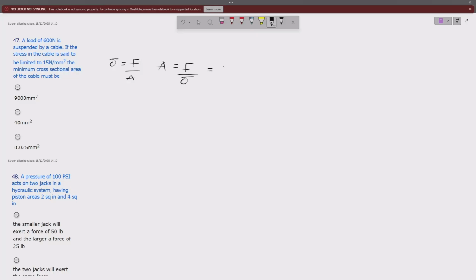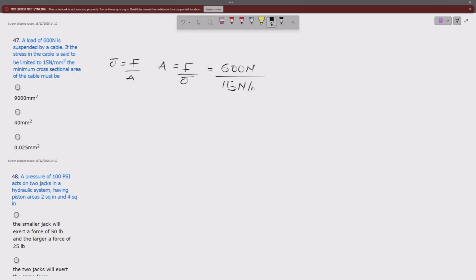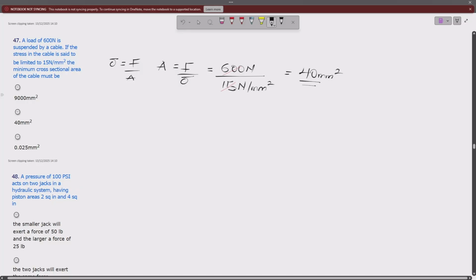We know our force to be 600 newtons divided by stress 15 newton per millimeter squared. 600 divided by 15 is going to give you 40 millimeter squared. That is the answer.